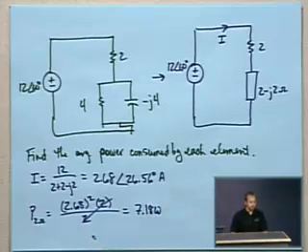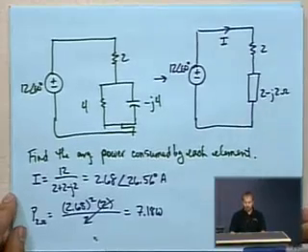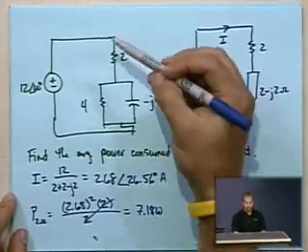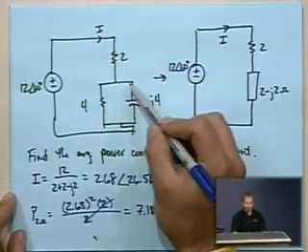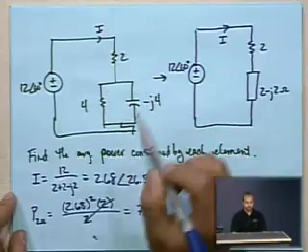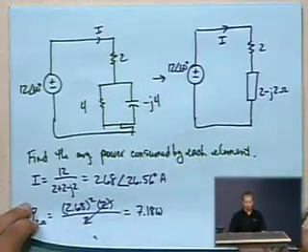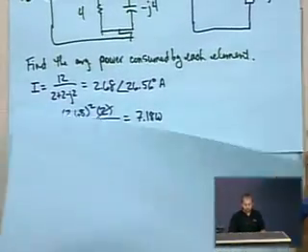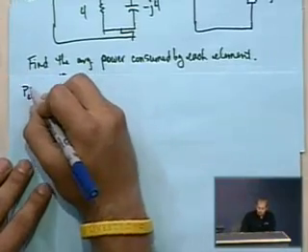After that, we have to do a little bit more work. We know the current I that's coming here, but then I divides between these two branches of the circuit, so we're going to have to figure out what that current is. Let's do a divider.